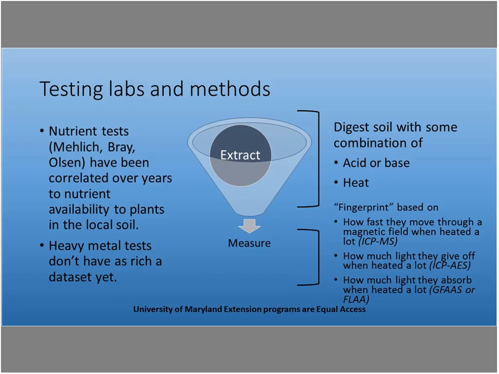So we know, based on all this research, with a Mehlich test on the appropriate pH of soil, if you get a certain result in amount of phosphorus, we expect that the crop will respond in this way. If you add phosphorus, you'll get more yield or you won't, based on that soil test result.